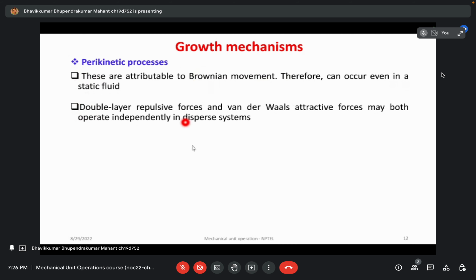So we can say that the perikinetic process is based on Brownian motion. The double layer repulsive forces and van der Waals attractive forces may both operate independently in a dispersed system. Whenever I talk about the dispersed system and the perikinetic process, the double layer repulsive forces as well as the van der Waals forces can take place.